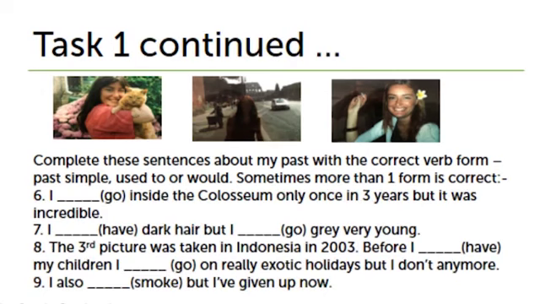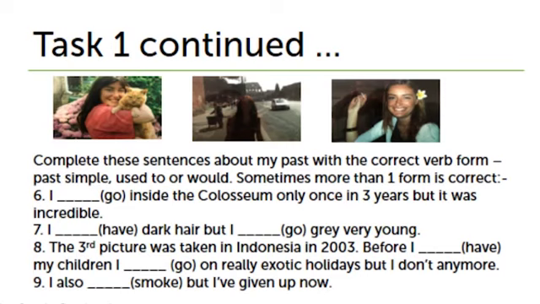Number six, I go inside the Colosseum only once in 3 years, but it was incredible. Number seven, I have dark hair, but I go grey very young.